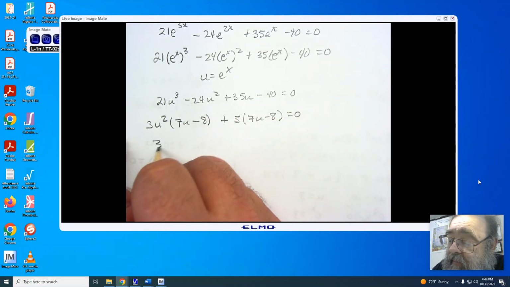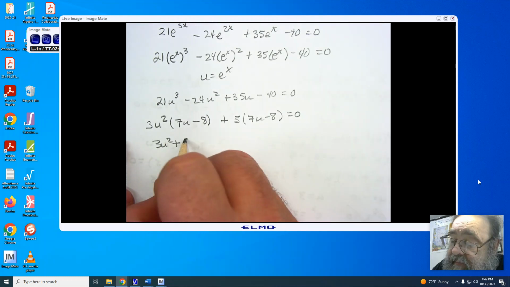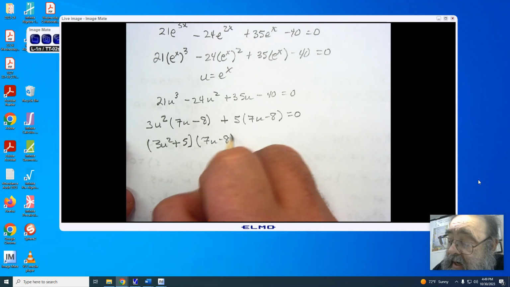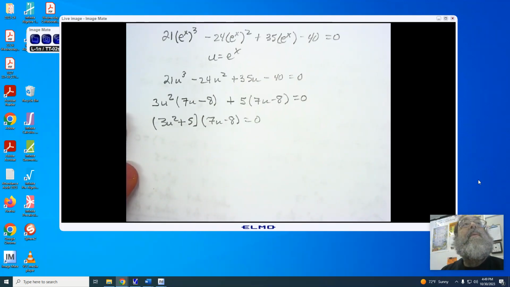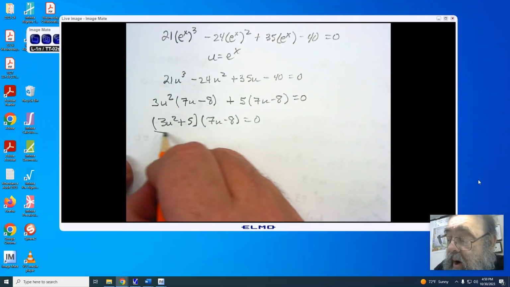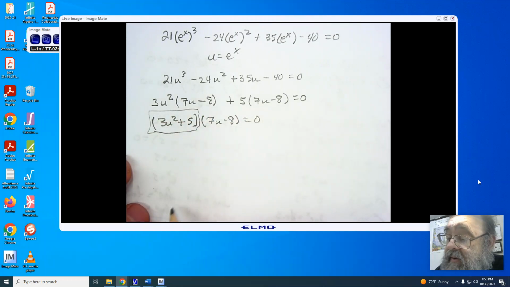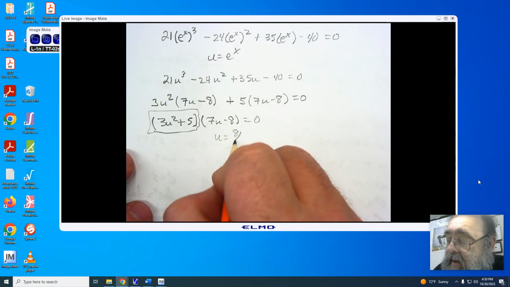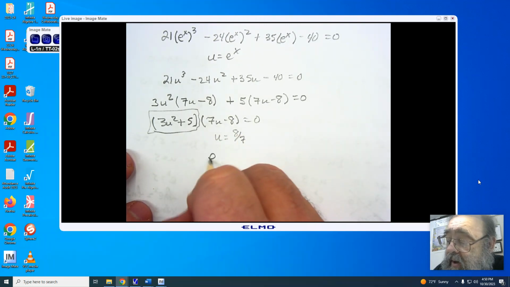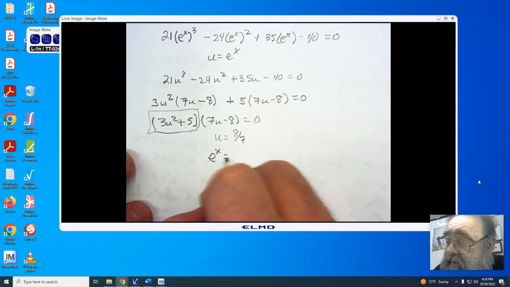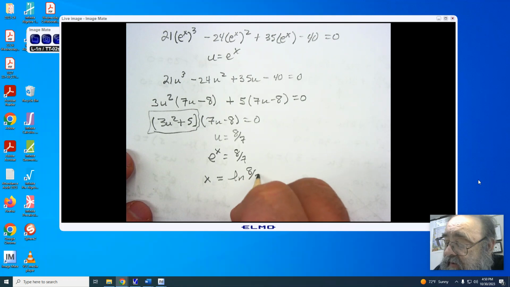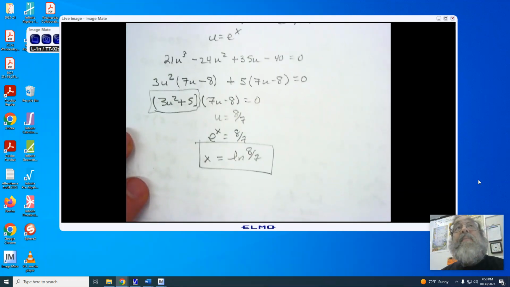And I now have (3u² + 5)(7u − 8) = 0. This is a prime term and therefore will not have a solution, but u will equal 8/7 here, allowing me to go e^x = 8/7, and when I exponentiate, x has to equal the natural log of 8/7. This is my solution.